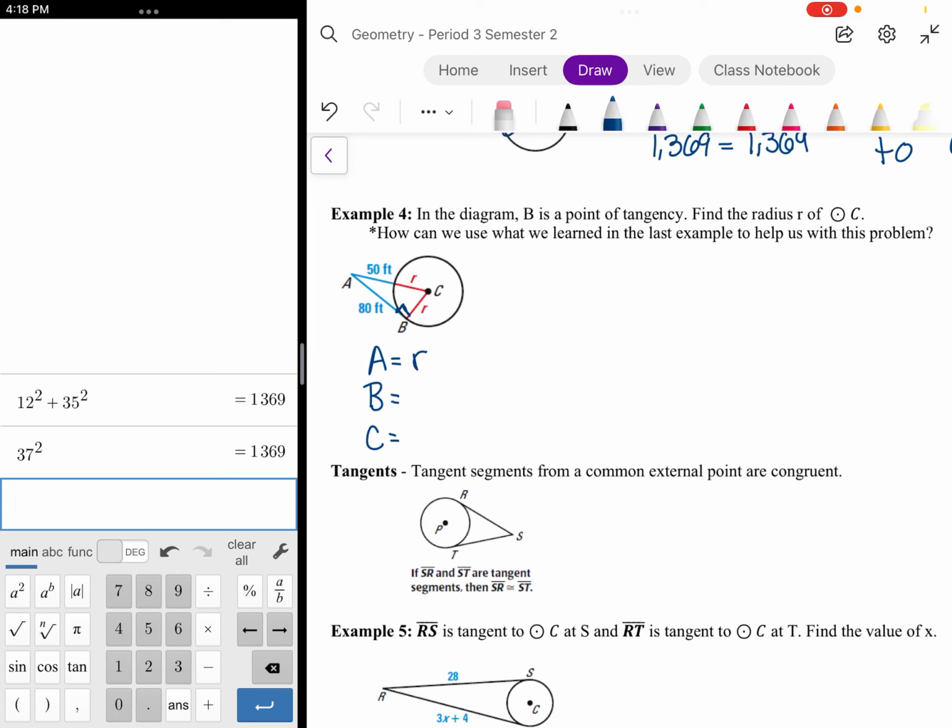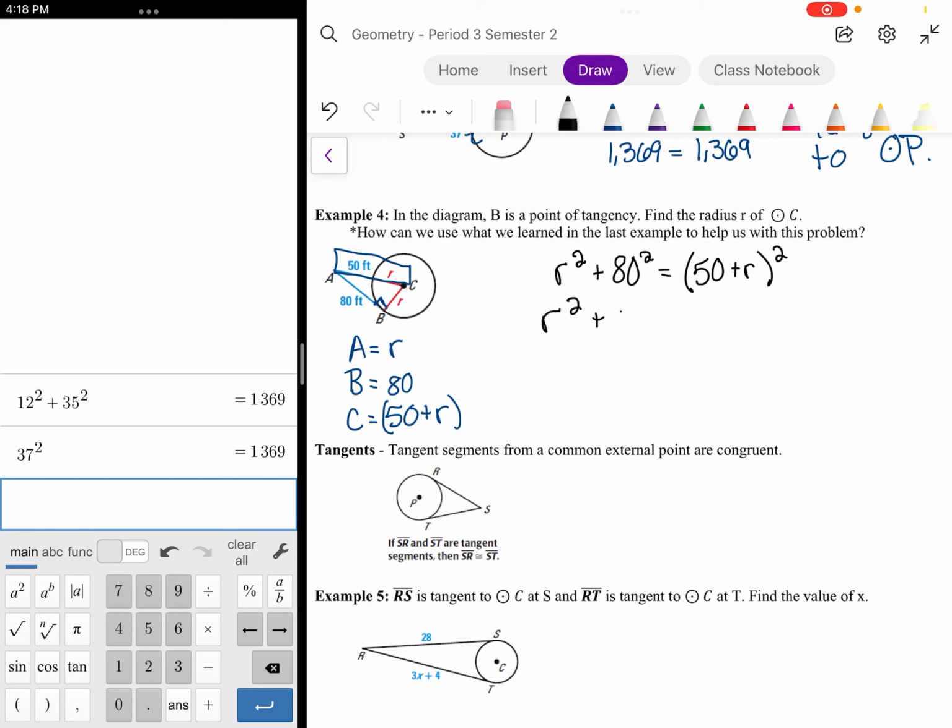So A can be R and B can be 80. C, remember, is the whole length of the hypotenuse. So that is going to be 50 plus R. And because we're adding, we're going to make sure we put it in parentheses. So if we plug this into Pythagorean theorem, we would have R squared plus 80 squared equals (50 plus R) squared.